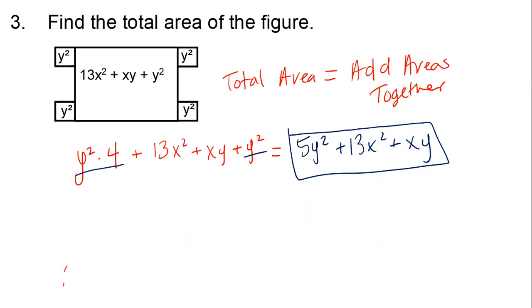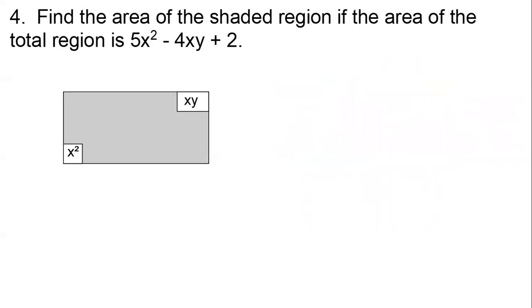Okay, on your classwork, you're not given the picture. You do have to create your own picture and label the information. All right, number 4, find the area of the shaded region if the area of the total region is 5x squared minus 4xy plus 2.